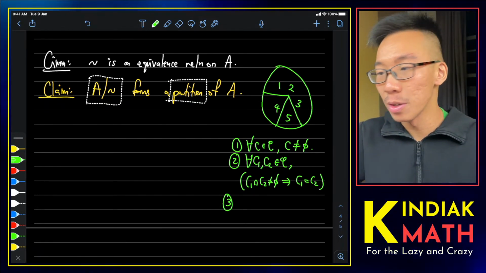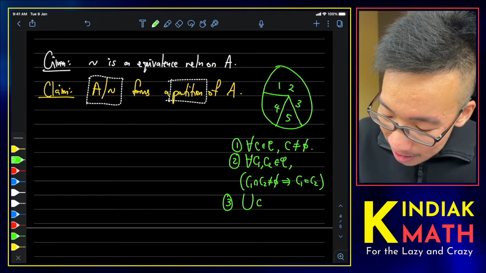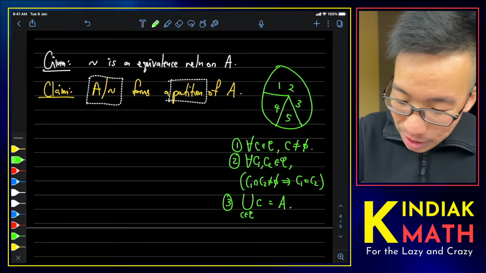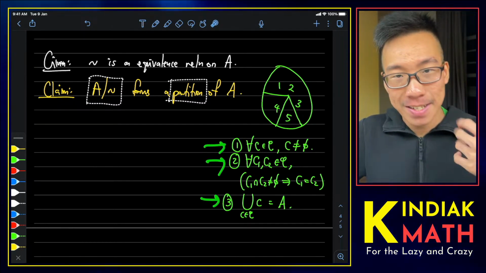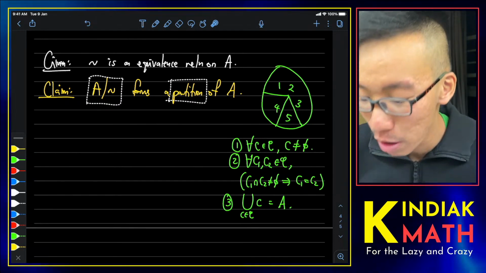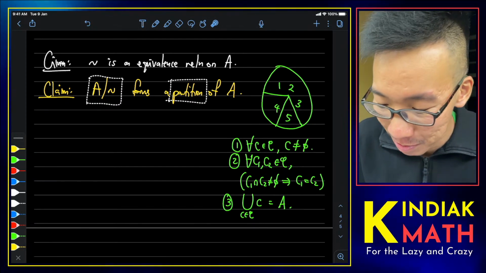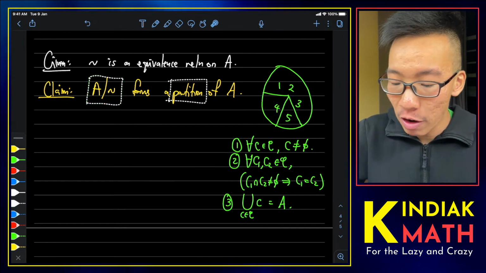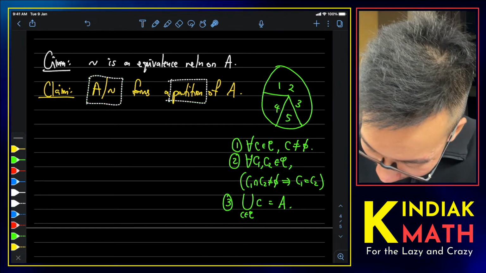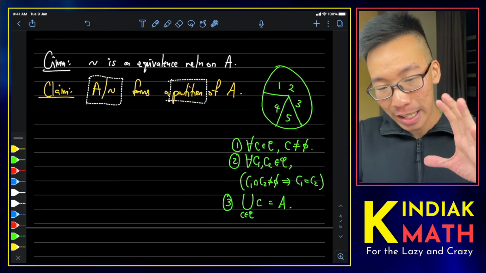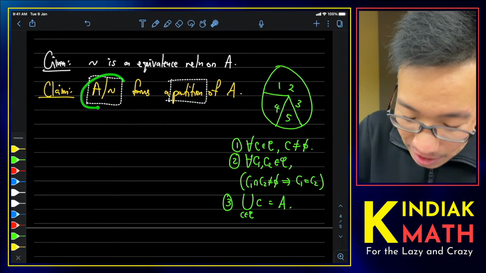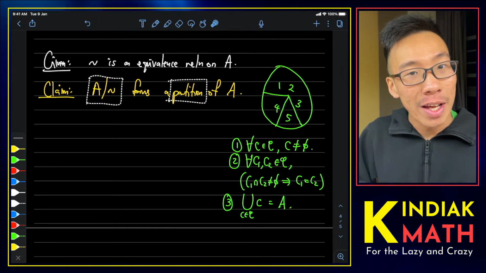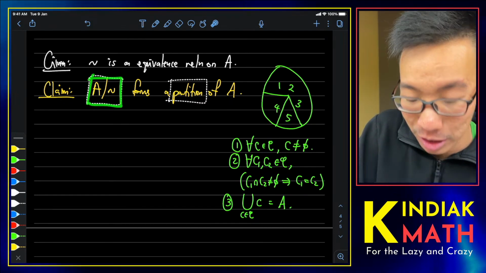Thirdly, we also notice that if you take the union of all the pizza slices, you get the whole set. These three properties of the pizza slices are precisely the properties of a partition of A. So we need to show that this collection of all the sets inside forms a partition of A. That still raises the question, what on earth does this notation refer to?